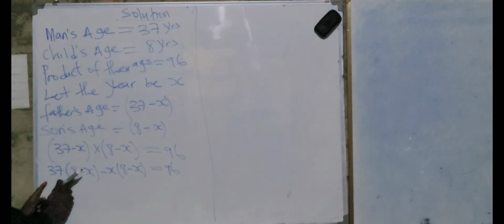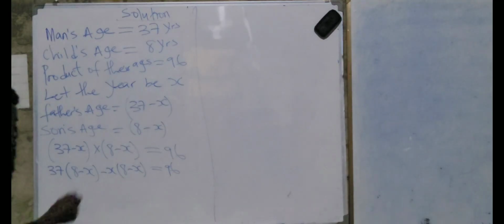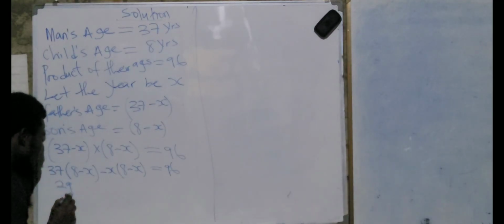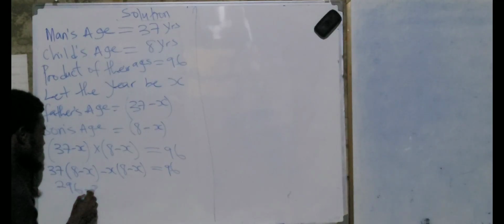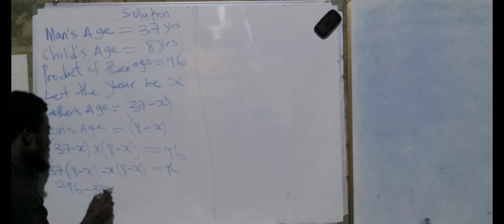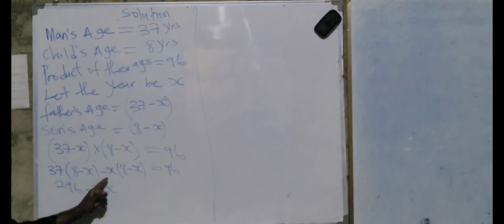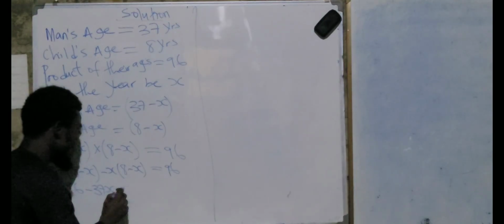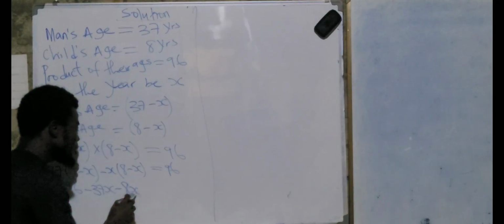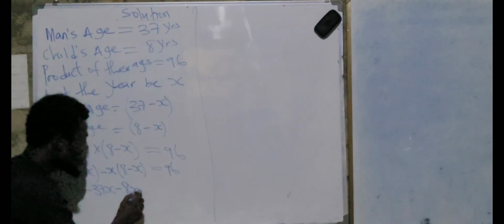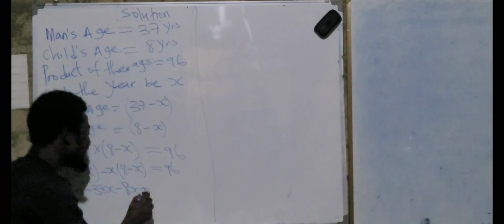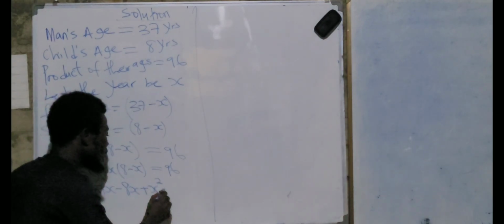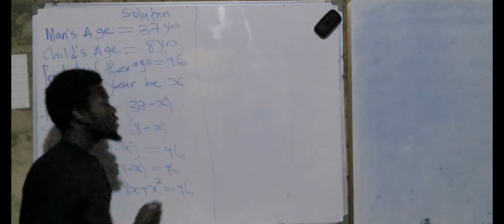Now, 37 times 8, what's that? 296. 296 minus 37 times X gives you 37X. You have negative X times 8, and you have negative 8X. Minus times minus gives you plus, and X times X gives you X squared. Equal to 96. Are we okay here? Yeah.